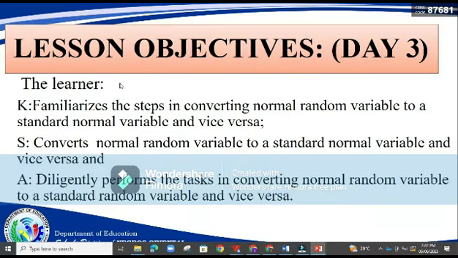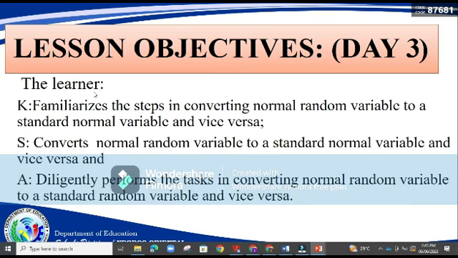Now in today's video, we will be discussing how to convert normal random variable to a standard normal variable. So these are our lesson objectives for day 3.